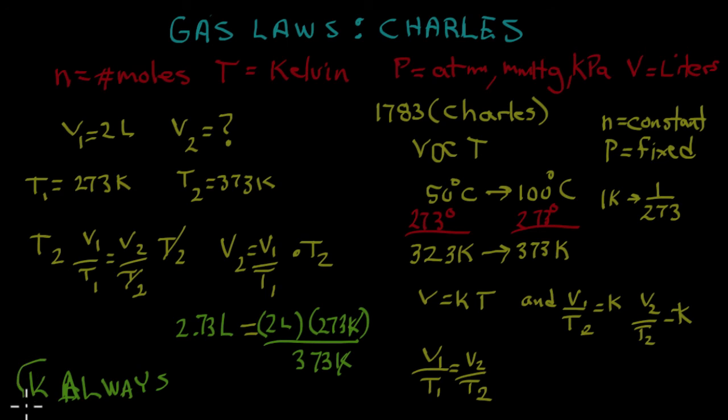Kelvin temperature must be used all the time. And we can solve for the relationship of V1 over T1 to V2 over T2 for any problem. We can use any volume units, but the temperature units must be Kelvin. And we will stop right there.